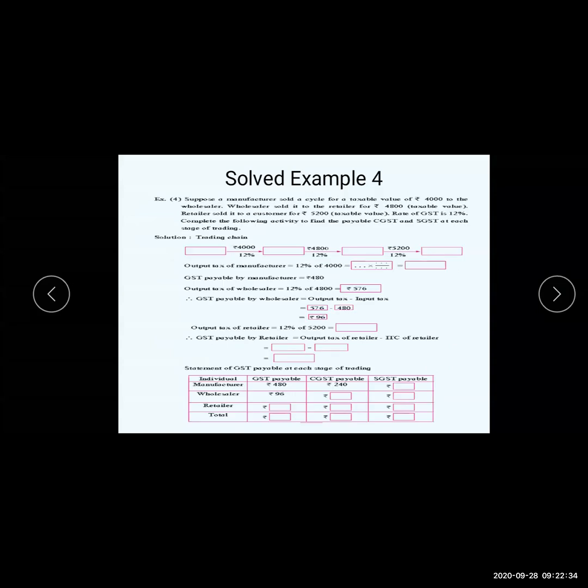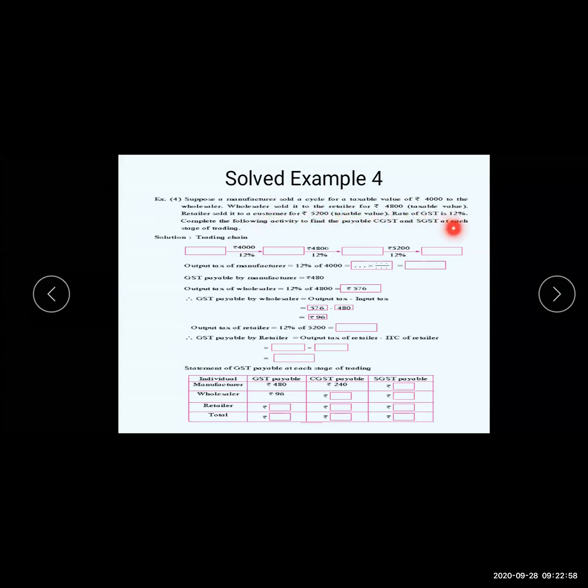Now, see here, one question is given. You can take a screenshot of this and solve it as your homework. Suppose a manufacturer sold a cycle for a taxable value of rupees 5,000 to the wholesaler. Then the wholesaler sold it to the retailer for rupees 4,800, that is the taxable value. The retailer sold it to the customer for rupees 5,200, that is the taxable value.